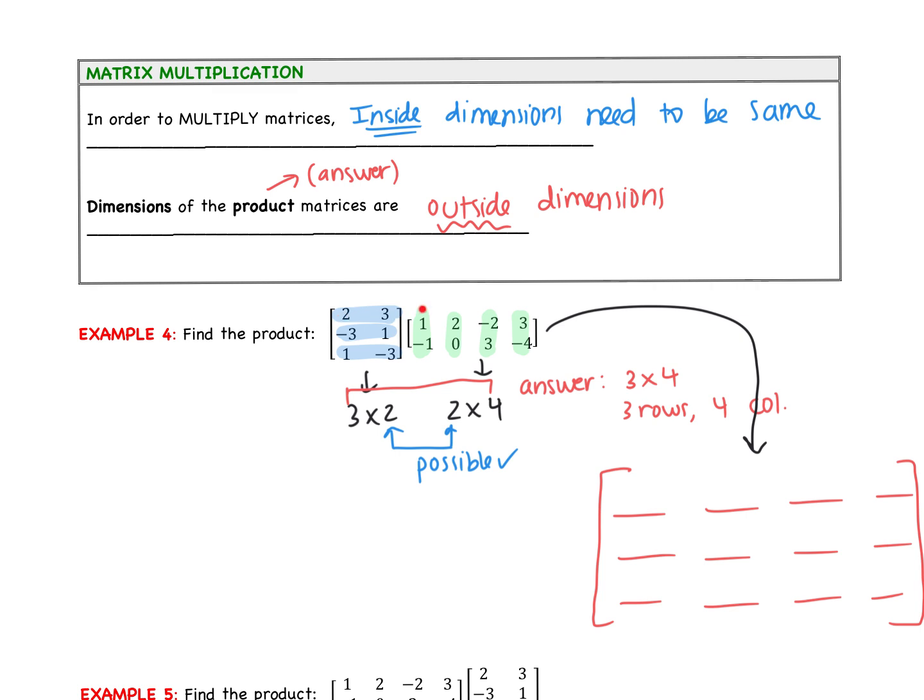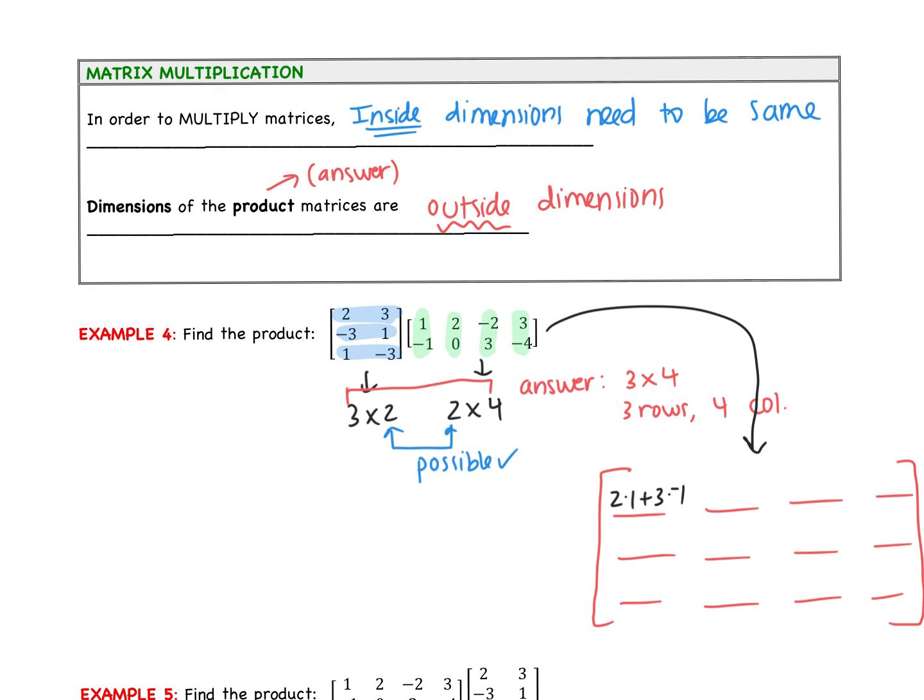This row will get multiplied by this column, and you're multiplying the corresponding elements. So we have 2 times 1 and 3 times -1. So 2 gets multiplied by 1, and 3 gets multiplied by -1. Okay, so then you're going to keep going with that row, the next column though. So first element by first element, second element by second element.